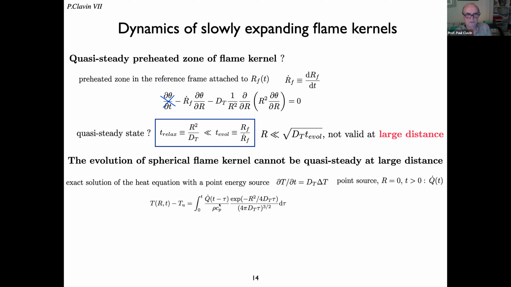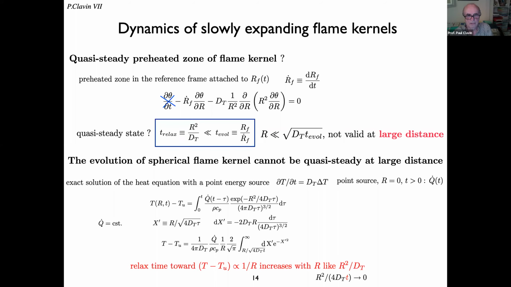And you obtain this solution, and the relaxation time toward this steady state increases with the radius, like r squared divided by D, so that it is clear that at large distance you cannot be quasi-steady.